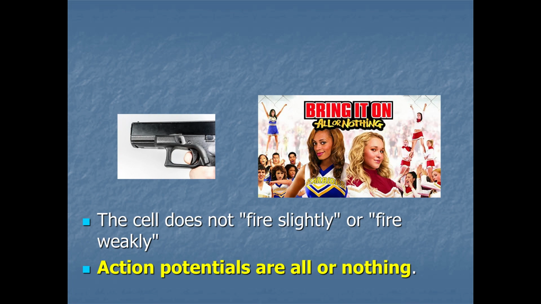But if you pull the trigger enough to fire the gun, it doesn't matter if you just barely pulled it to that point or slammed the trigger back with a ton of force. In either case, the gun just fires. It doesn't fire weakly, right? It doesn't fire just a little bit. The bullet doesn't come out faster because you pulled the trigger harder. It either fires or it doesn't. That's what we mean by all or nothing. That's how action potentials are.